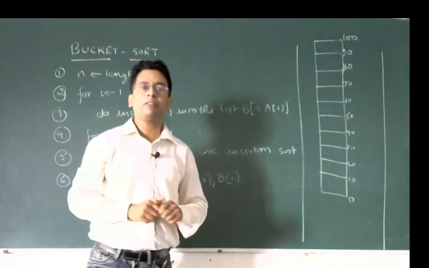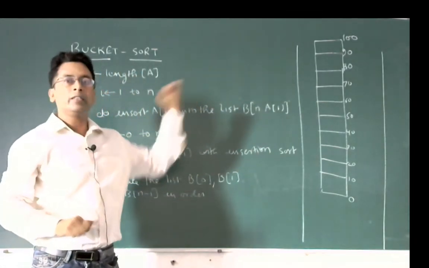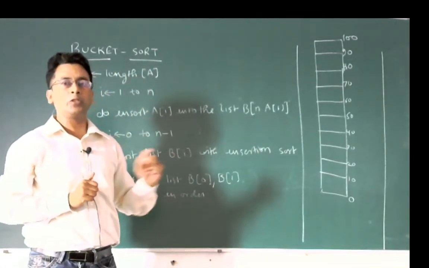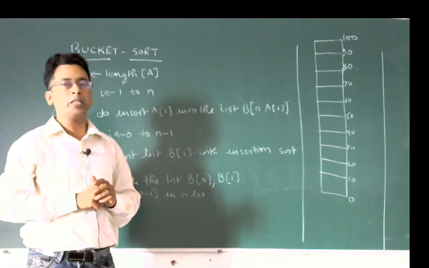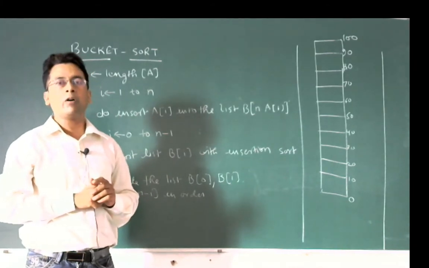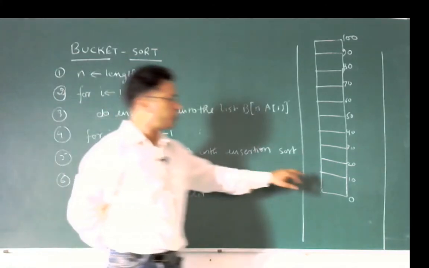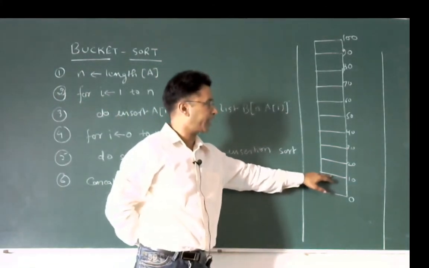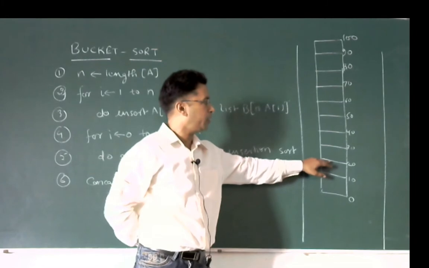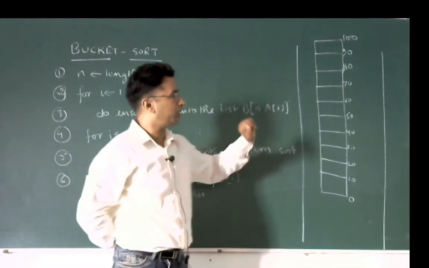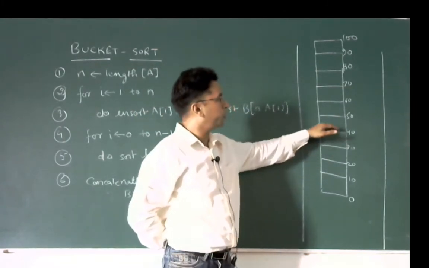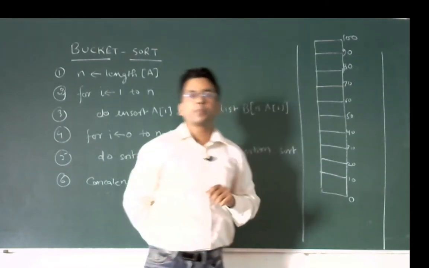Here I have divided my data which lies in the range of 0 to 100 into 10 bins, each of equal size of 10. The first bin is from 0 to 10, the second bin is from 10 to 20, the third bin is from 20 to 30, the fourth from 30 to 40, and like this.